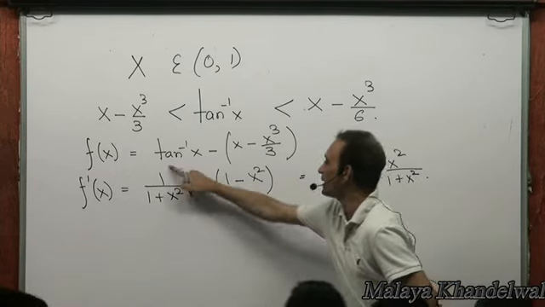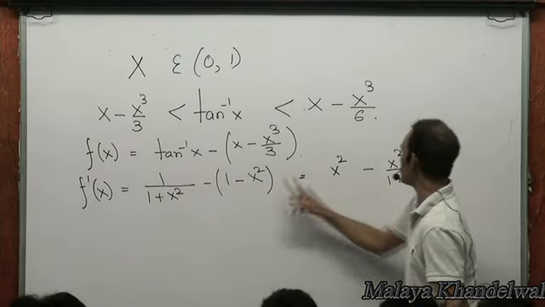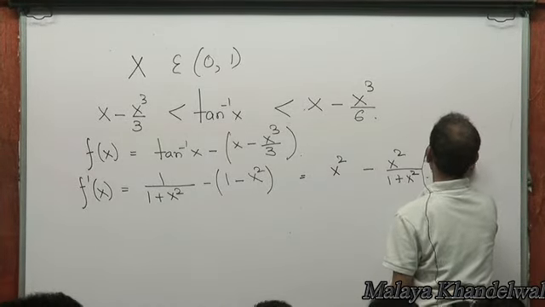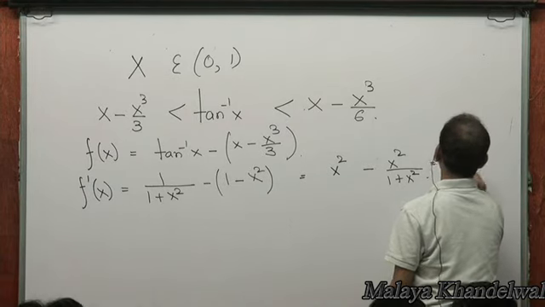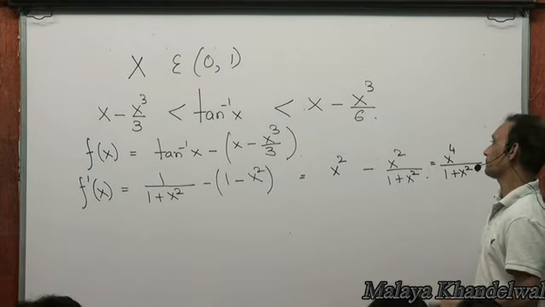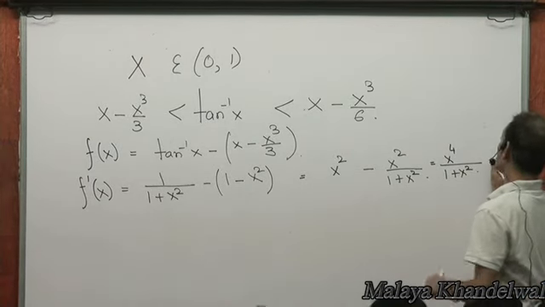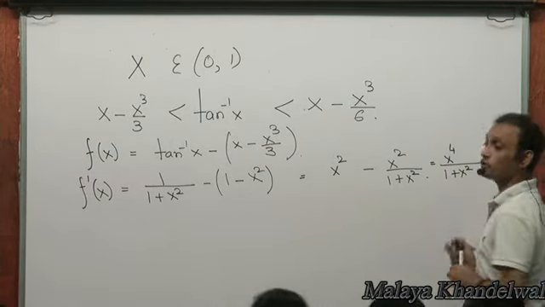This minus this is minus x squared by 1 plus x squared, and this plus x squared. So which is like x power 4 by 1 plus x squared, which is greater than 0, as you can see.